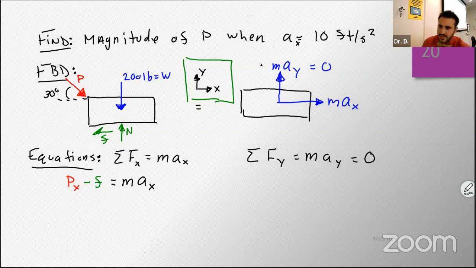Okay, so let's talk about this. How do I break down this X direction? Is that going to be a cosine or a sine? If I drew this out in terms of my components here, this is Py over here, and this is Px. Is Px going to be sine or cosine of 30 degrees?